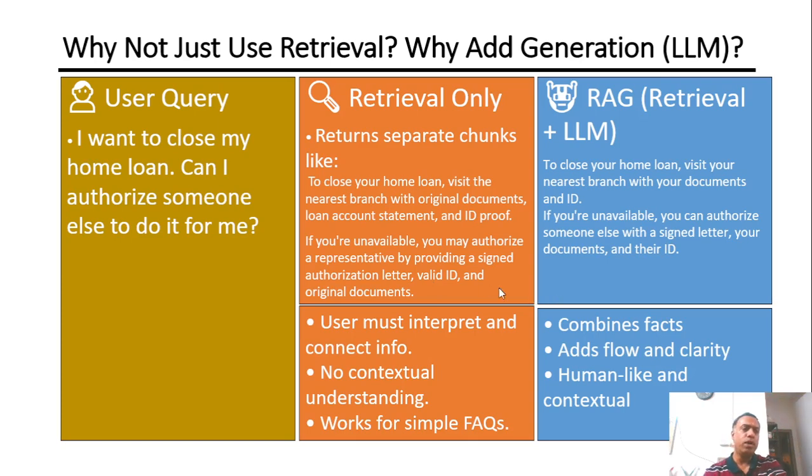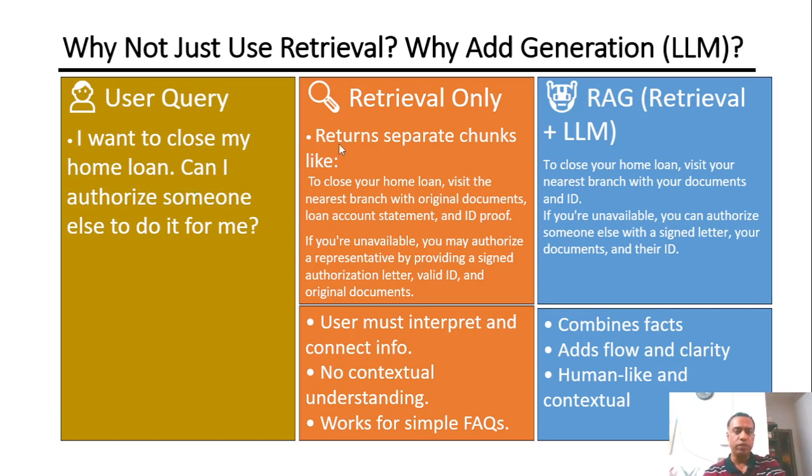One would ask, why not just use retrieval? Why add generation, right? When you have all your knowledge base in the retrieve phase, why do you want to use generation? Let's try and understand that better. Let's say a user asks a query: I want to close my home loan. Can someone else authorize it for me if I'm not available?